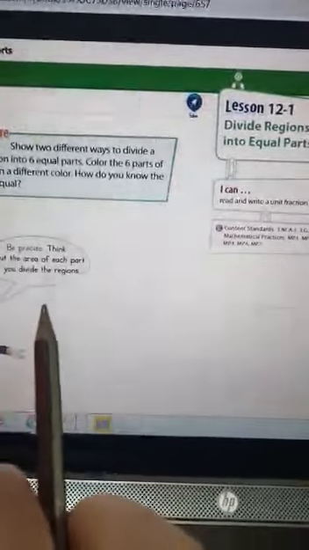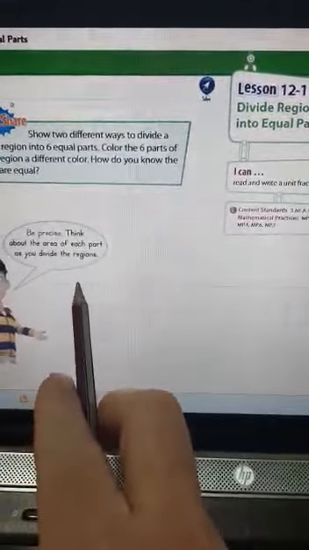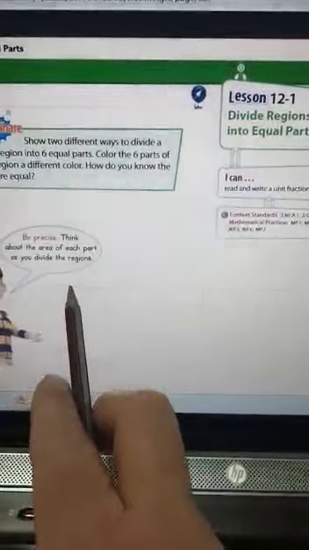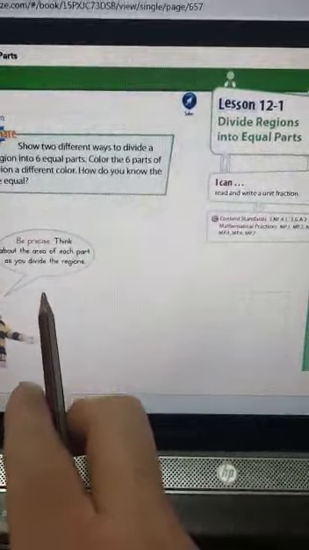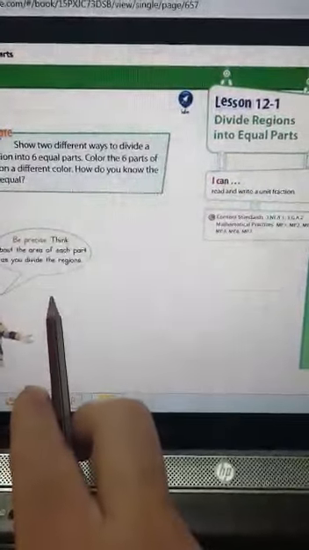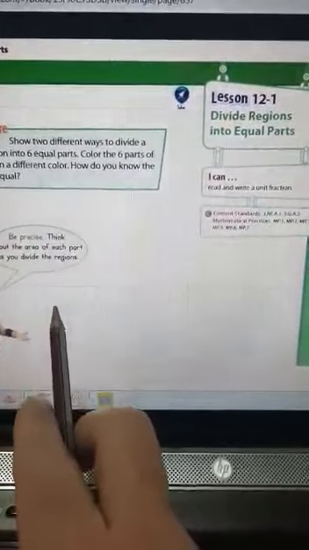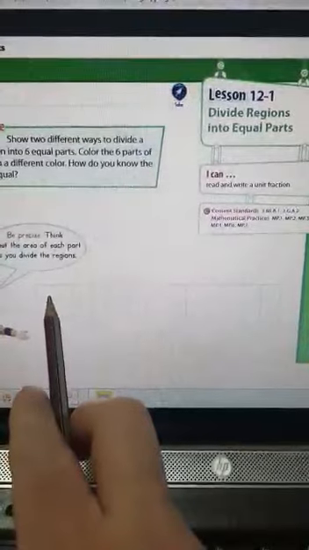We said any cube, to check if it is equal, we will divide it into two triangles. As you divide it into two triangles, they should be equal and the same. It means this cube has equal parts, and it's correct to be used in measuring.